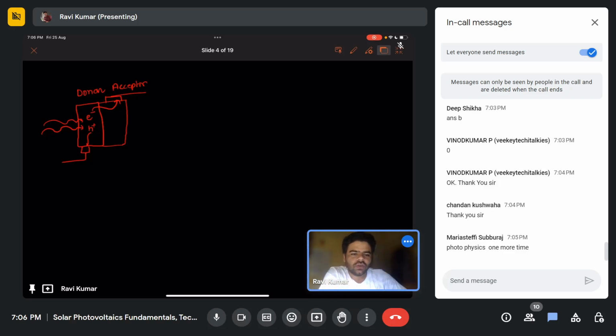Now we will come to the photophysics. For this donor and acceptor, we have HOMO and LUMO. It is LUMO and it is HOMO for the donor one. And for the acceptor one, it will be somewhere here. So this is for the acceptor and this is for the donor.